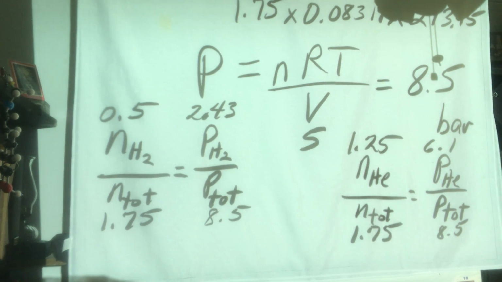So we could use 2.4 and 6.1, round to tenths on each one.